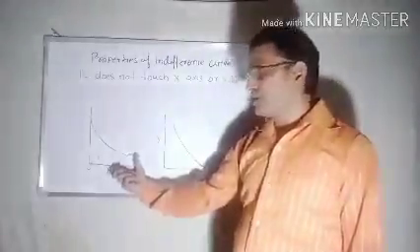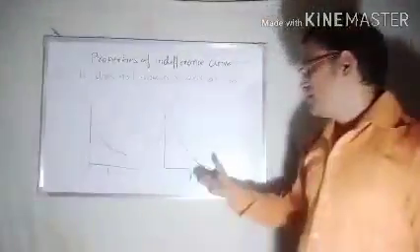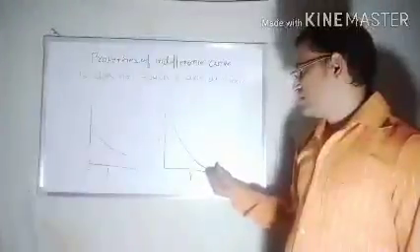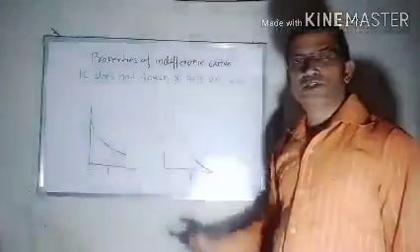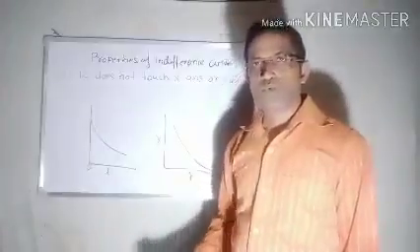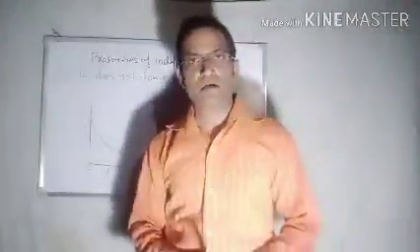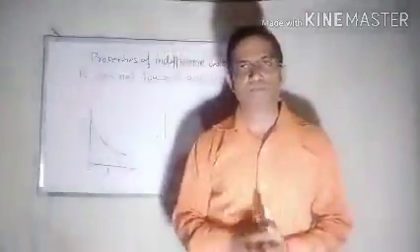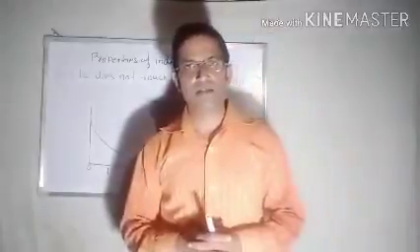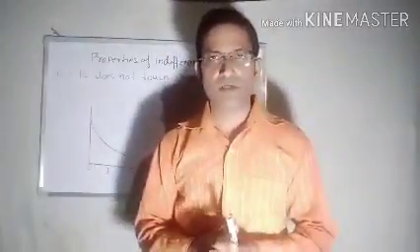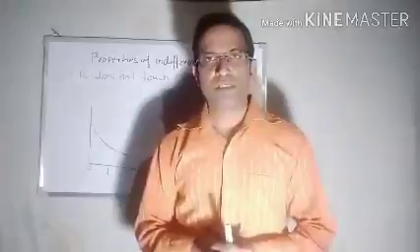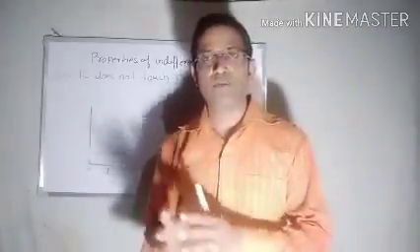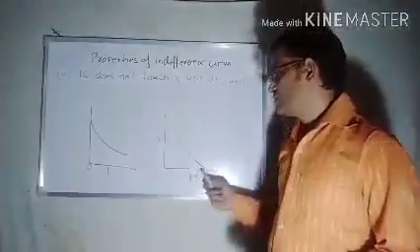The consumption of x is 0, and if the IC is touching the x-axis, the consumption of y is 0. So it is not possible. We defined that a consumer is trying to satisfy his desires by buying different kinds of goods according to his income. So he chooses different combinations. He is not only buying one particular good. So it means that IC does not touch any axis.